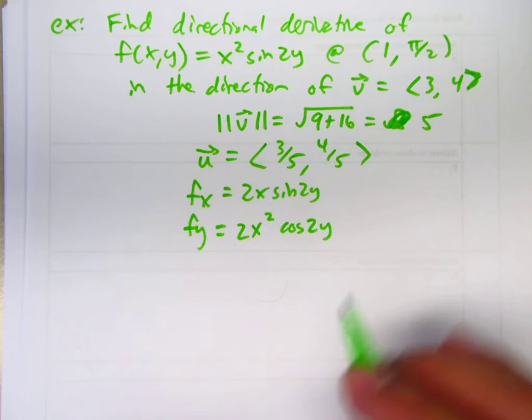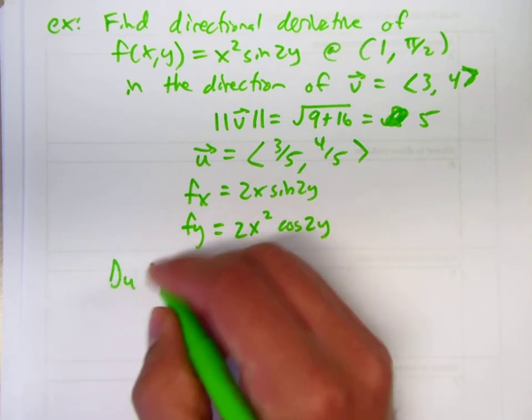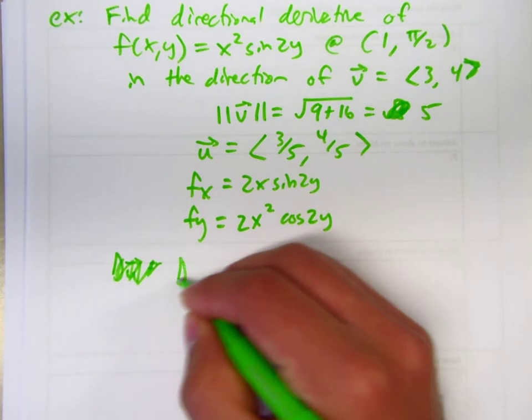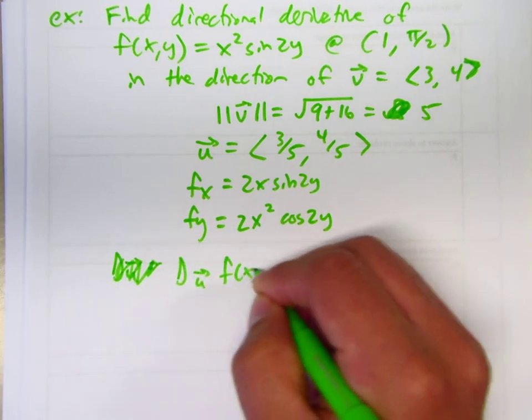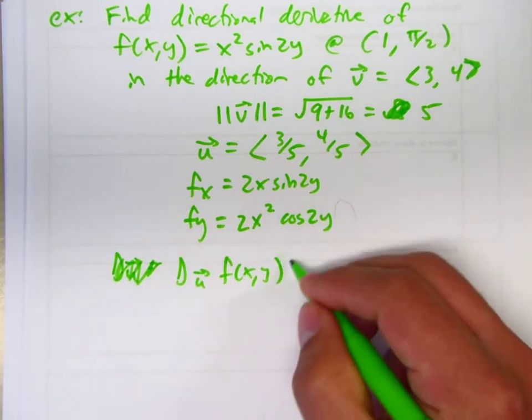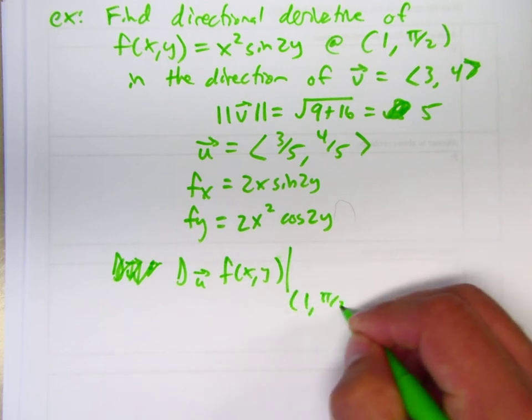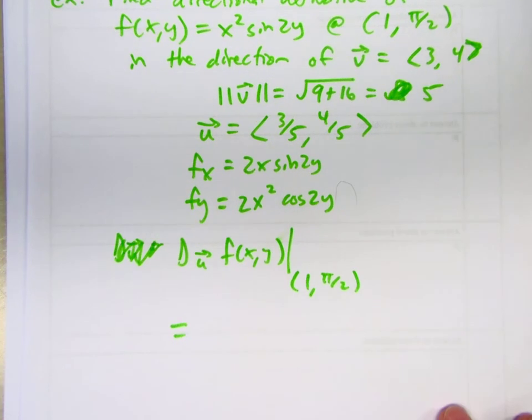And so now the directional derivative of f of xy at the point 1, pi over 2, just plug it in.